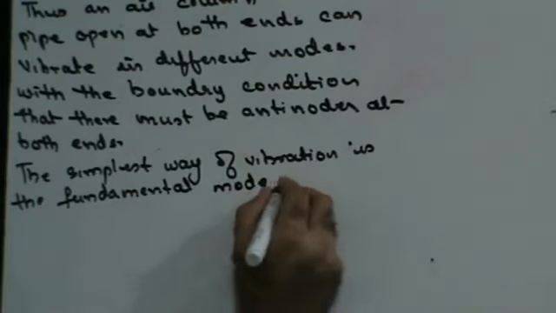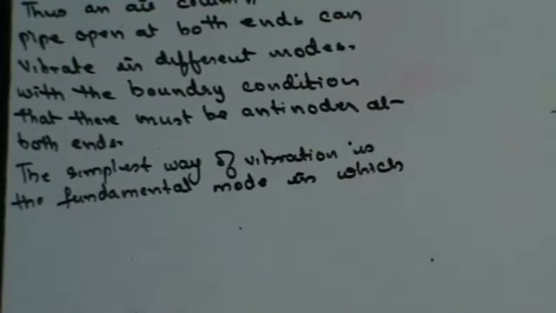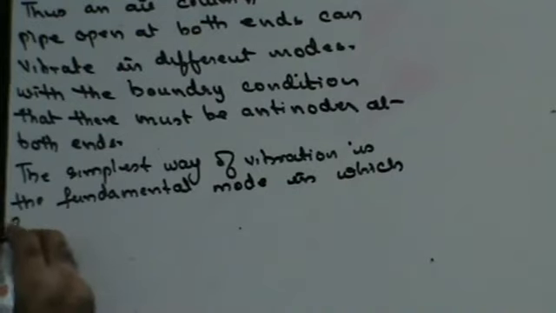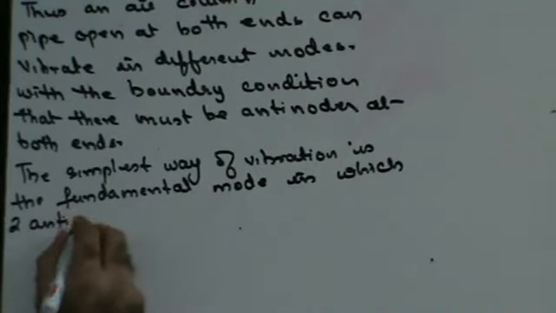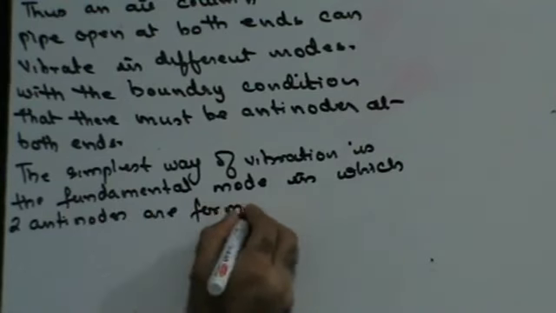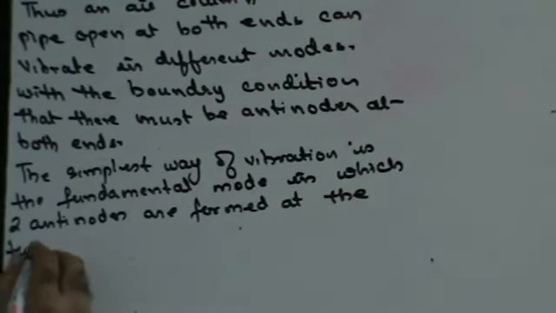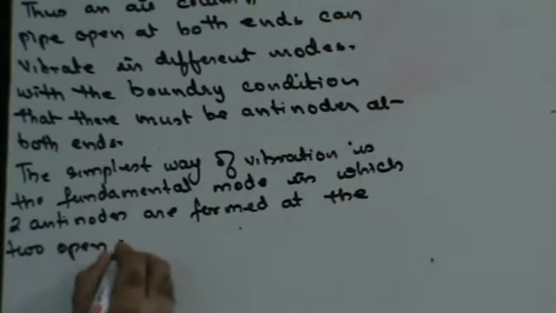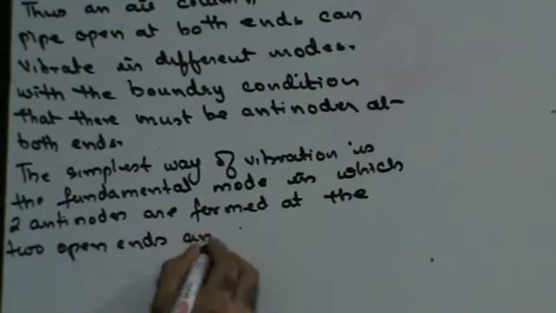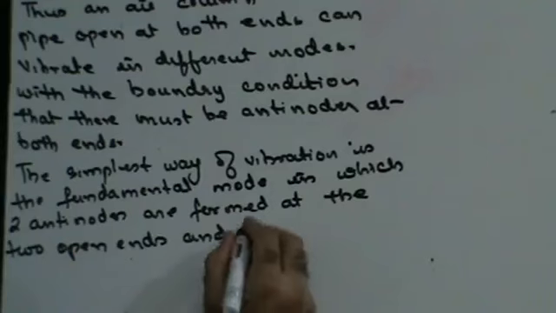What is the fundamental mode? In which two antinodes are formed at the two open ends, and one node at the center of the tube.